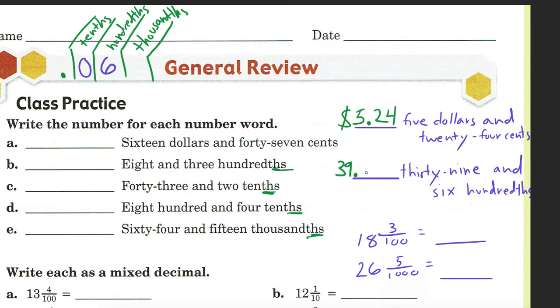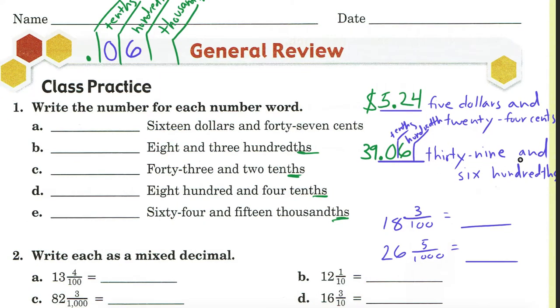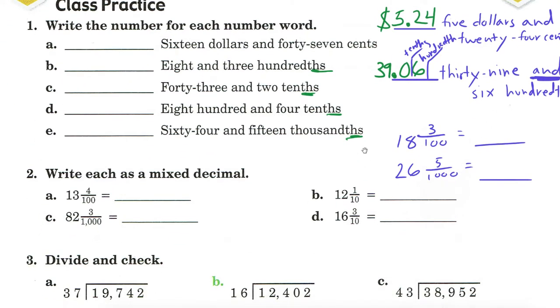So it needs to be 0.06. 39 6/100ths. So 6 is in the hundredths place now, right? So this is tenths, and this is hundredths. Whenever you see the word "and," you know that's where you need to put the decimal point. All right, let's go to the next one.